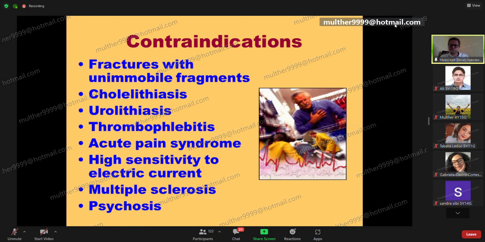It can lead to mechanical obstruction, with fever, with further jaundice and urinary stasis.